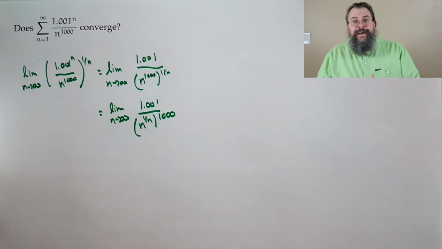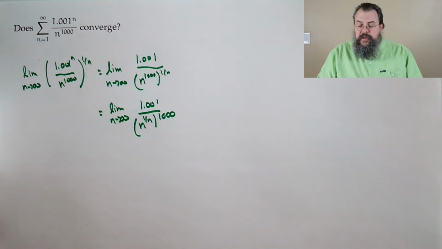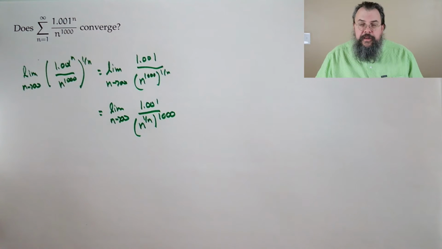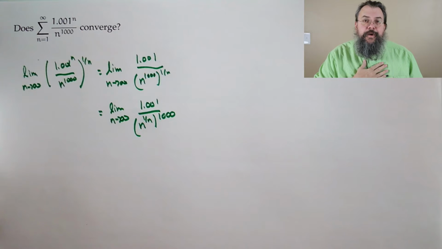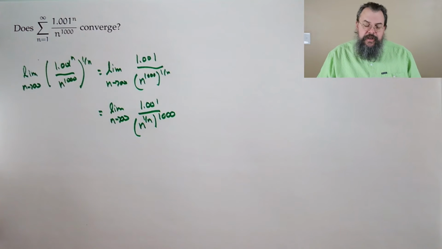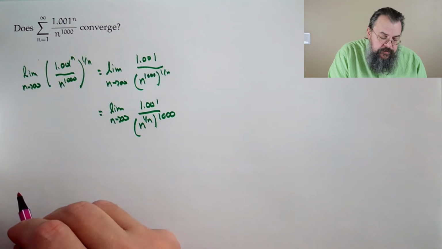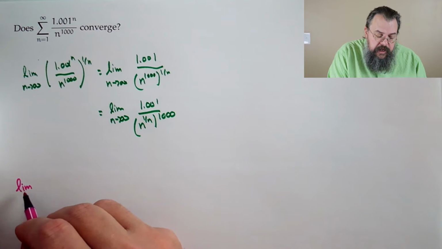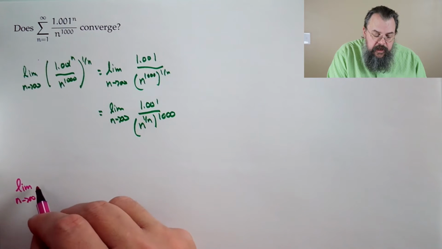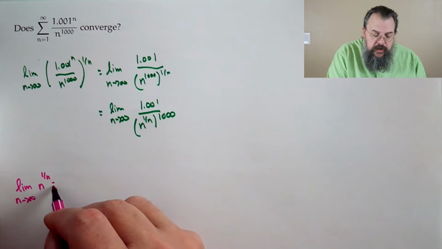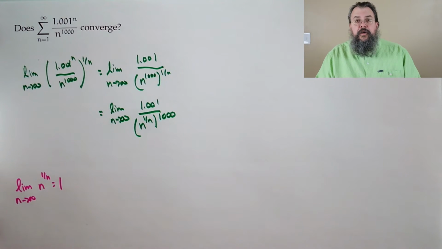Now, why do that? Because there are a couple of limits that we have burned into our hearts, because they're so important and they show up often. One of them is, as you let n go to infinity, n to the power of 1 over n goes to 1. It's actually not so hard to show.